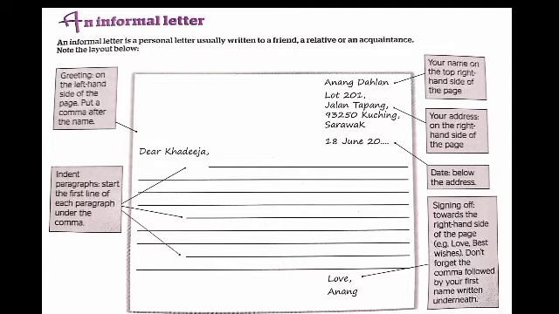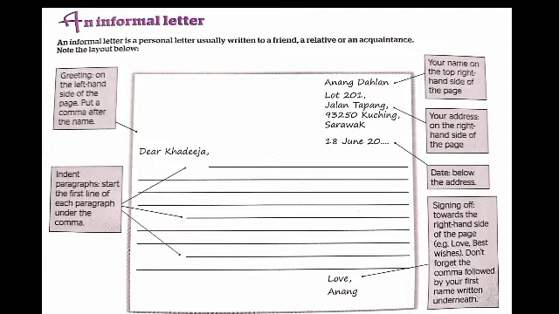Alright guys, here we have the steps on how to write an informal letter. Maknanya di sini yang pertama kita perlu ada nama kita, alamat yang kedua, yang ketiga kita perlu letak tarikh di bawah di sebelah kanan. Kemudian di sebelah kiri kita akan mulakan dengan greeting dan kita boleh lihat dia Khadijah.